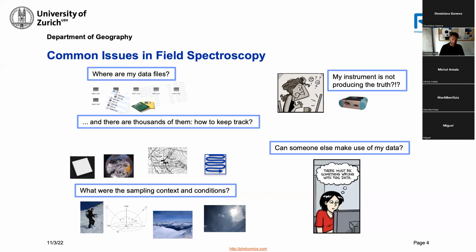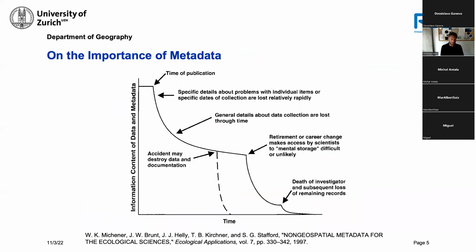The key to data usage over the long term, and in particular also data sharing, is metadata. This is a really nice graph which goes through the different stages of how much you know about your data and metadata. Over time, this information gets lost, in particular after someone retires or even dies.